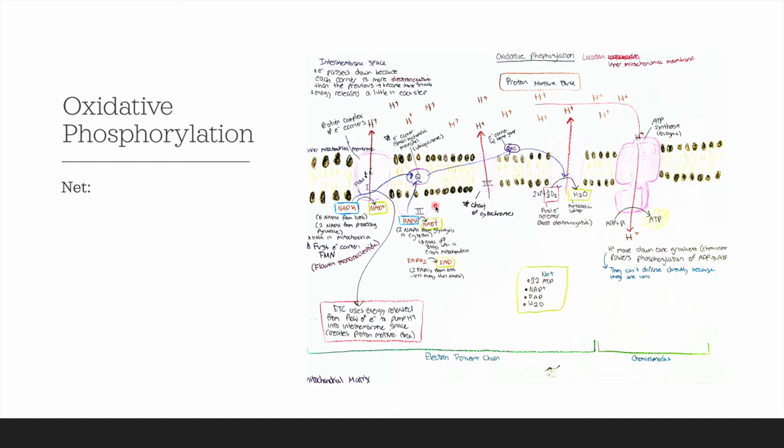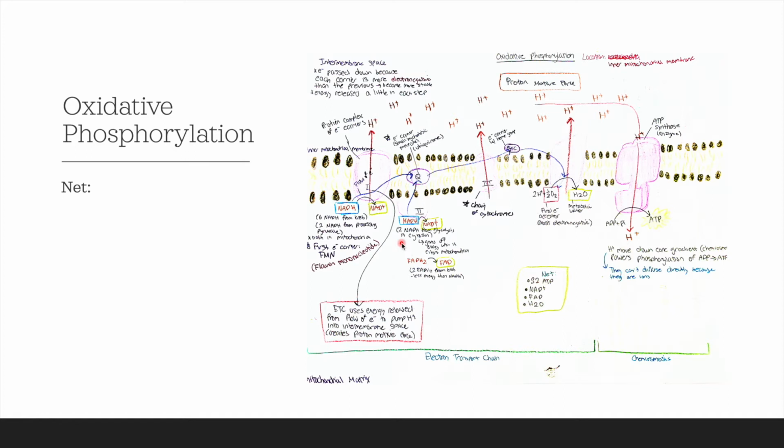At protein carrier complex 2, the 2 NADH from glycolysis and FADH2 from Krebs cycle drop off their electrons. They have to drop off their electrons at the second protein complex because they are of lower energy.